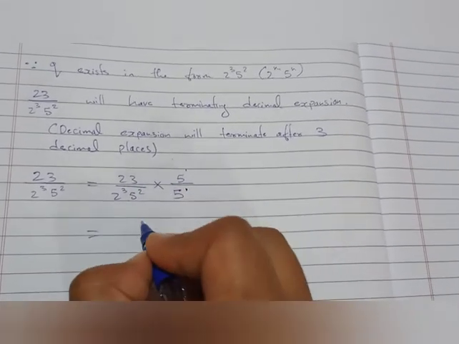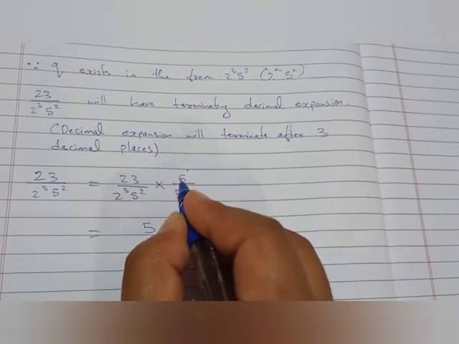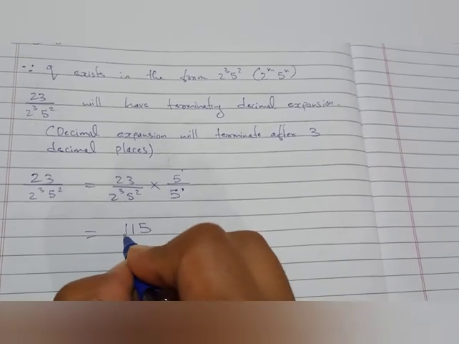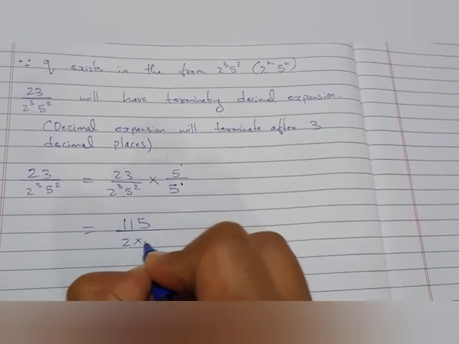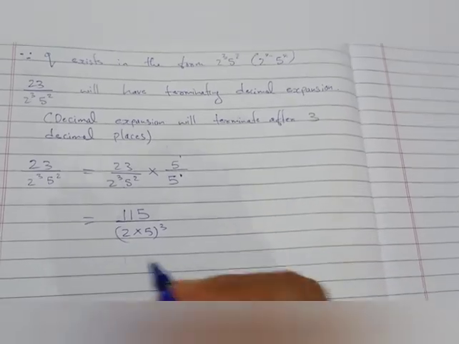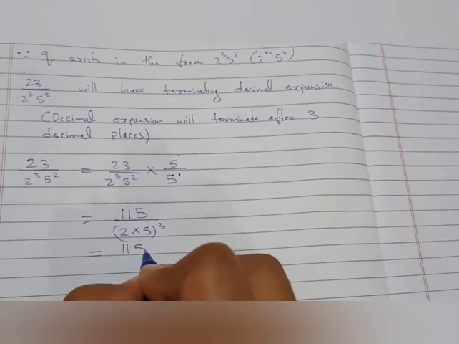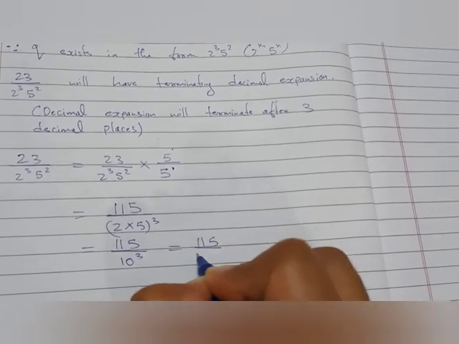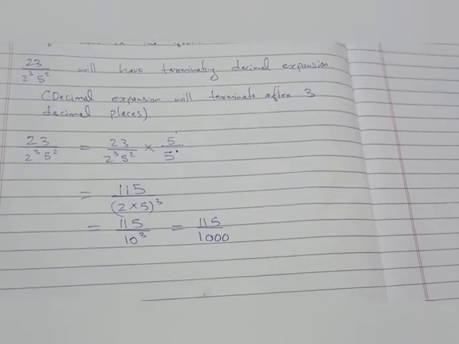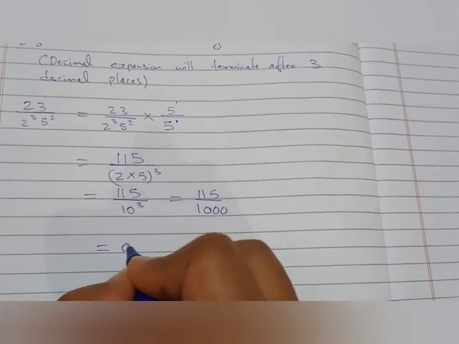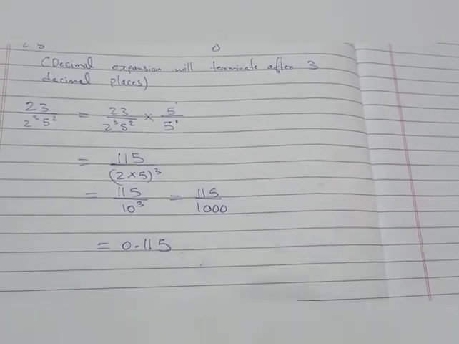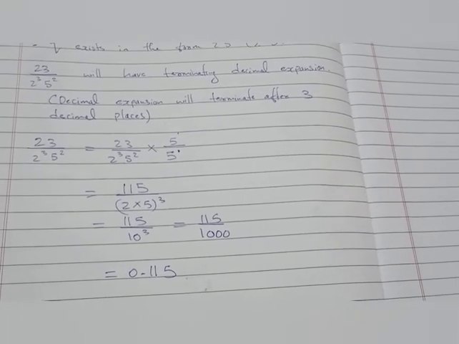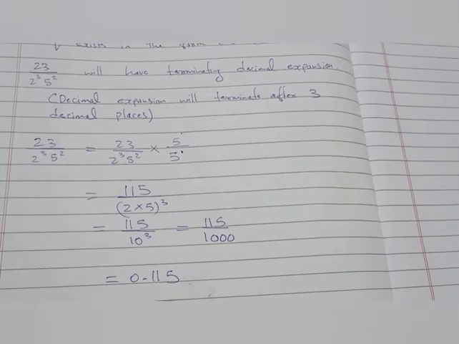Multiplying 23 into 5, we'll get 5 3s are 15, 5 2s are 10, with carried over 1 we'll have 115 divided by 2 into 5 both raised to power 3. 115 by 10 to the power 3, or 115 by 1 followed by 3 zeros. We'll get 0.115. So this is our decimal expansion of 23 by 2 to the power 3, 5 to the power 2.